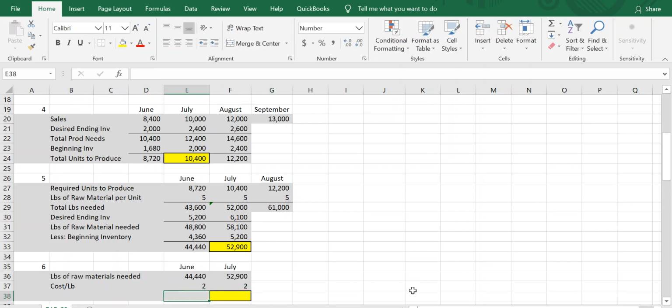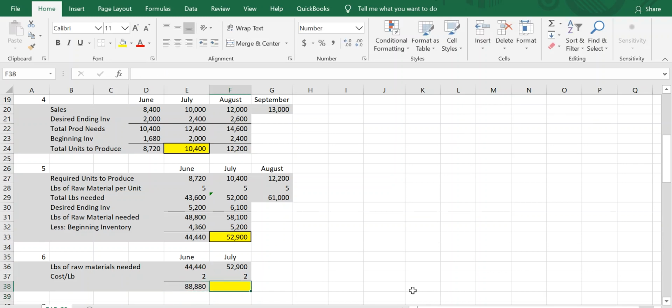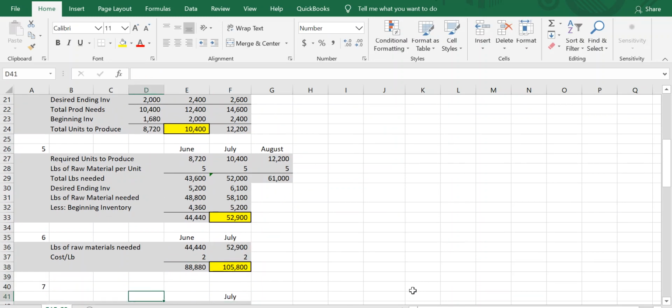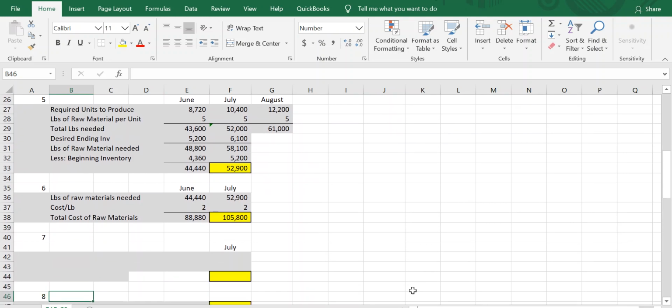So we have $2 times the pounds needed. So we have total cost of raw materials of 88,880 in June and 105,800 in July. Okay, so that answers number 6. We get to number 7 here.